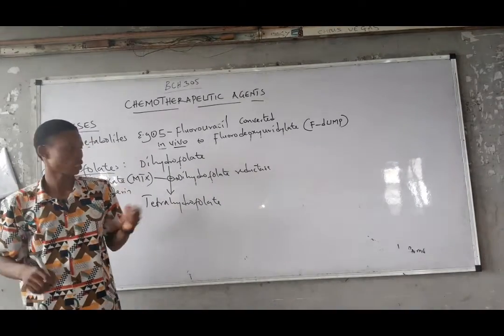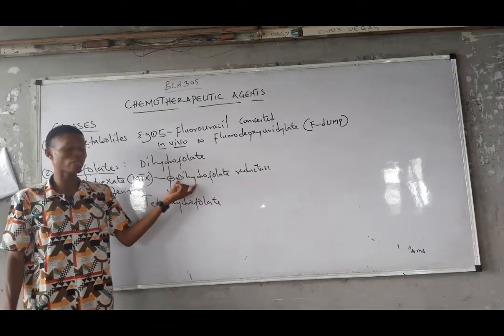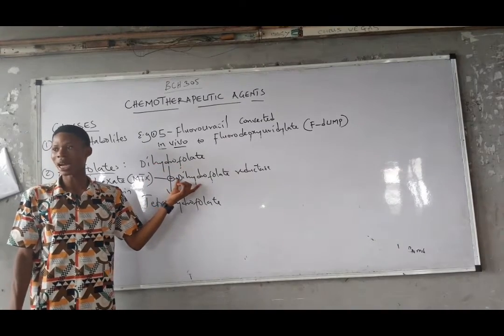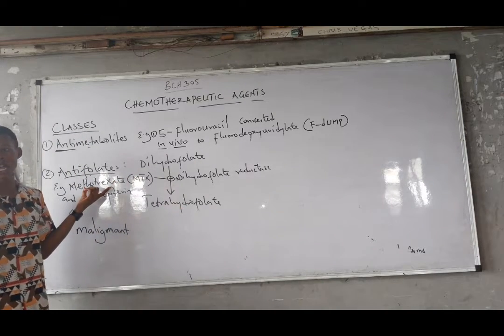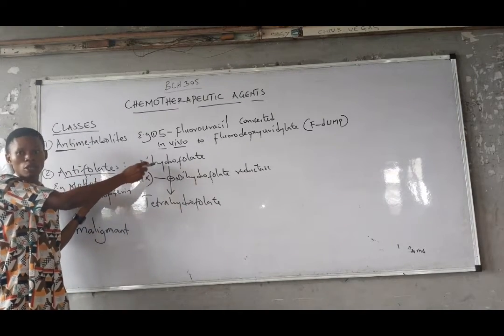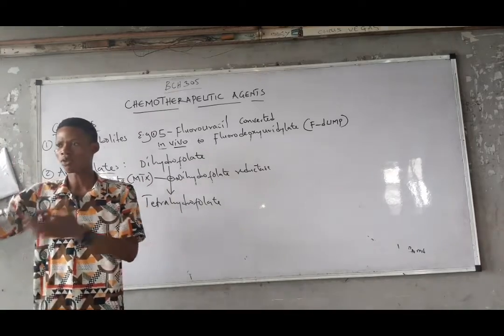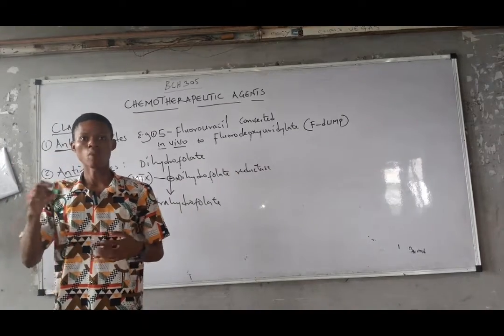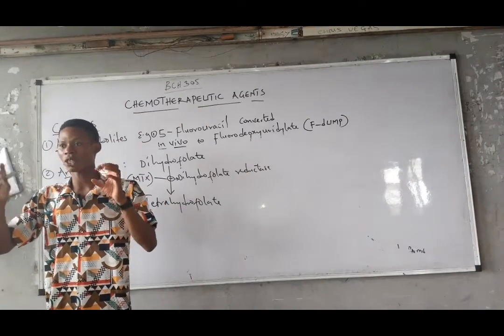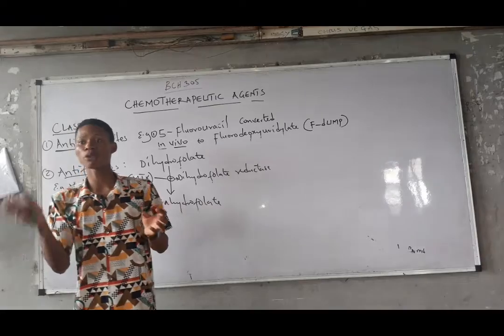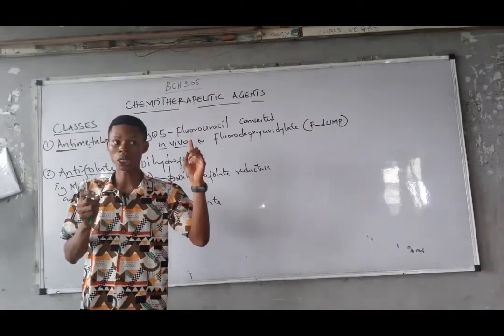The substrate is supposed to bind to the active site of this enzyme so that catalysis will take place. But methotrexate has a similar shape. Remember when we talked about types of inhibition? Competitive inhibition occurs when the substrate and the inhibitor have similar shape, and so they can both bind to the active site. That was what we said.